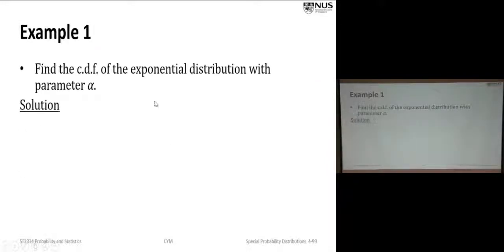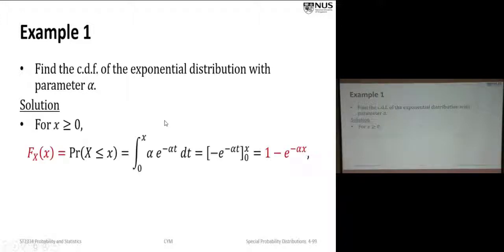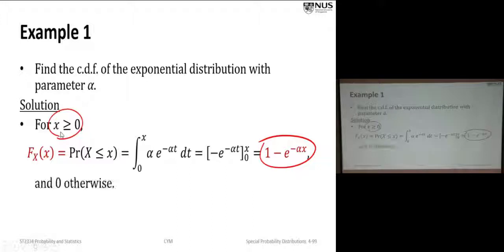All right, so find the CDF. We have already done this one. So just integrate, and the CDF turned out to be 1 minus e to the power minus alpha x. All right. And again, this is for x greater than or equal to 0. So how about x less than 0? Sorry. For x less than 0, F of x is equal to 0. Because the PDF is like this.